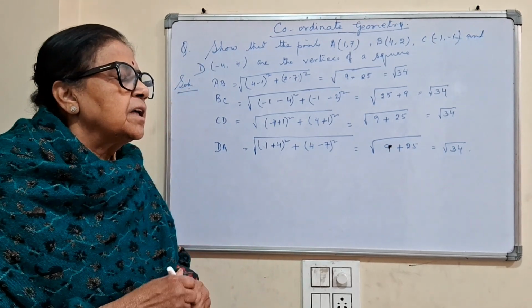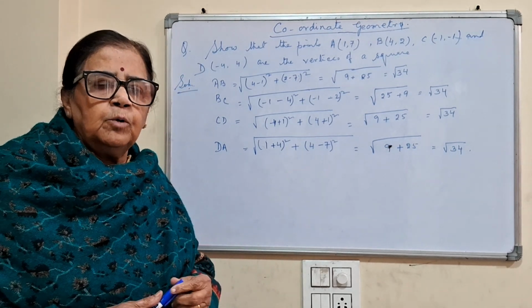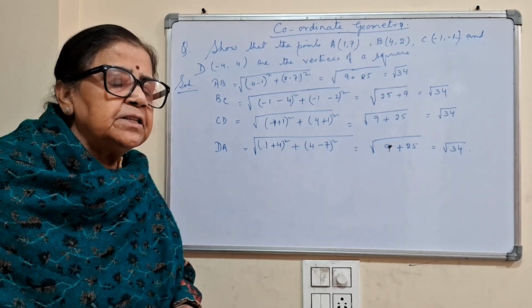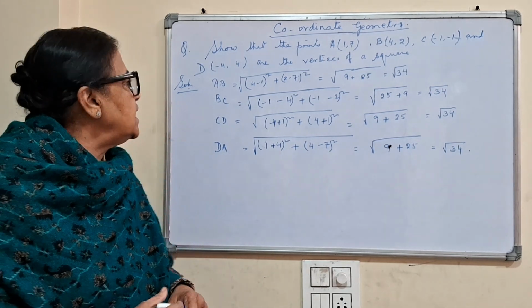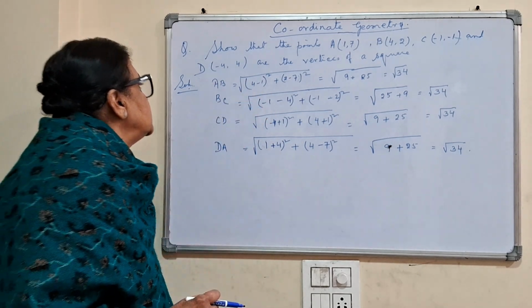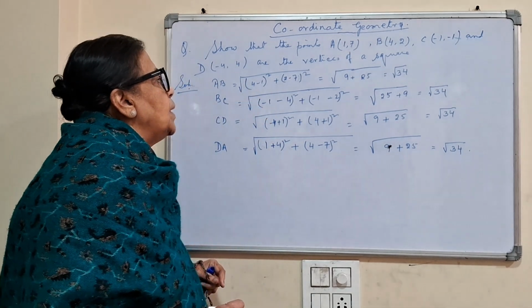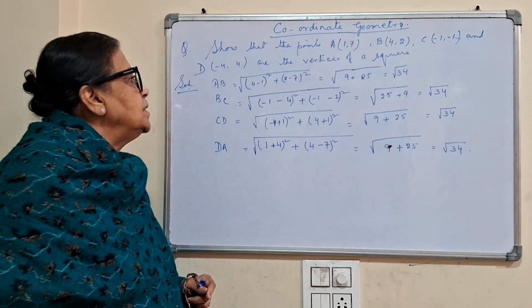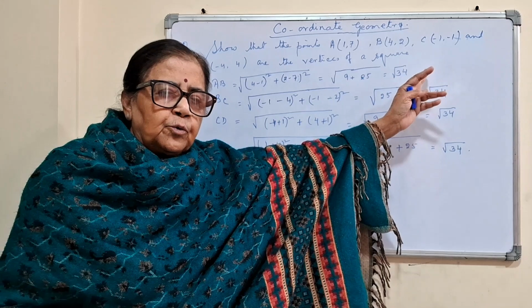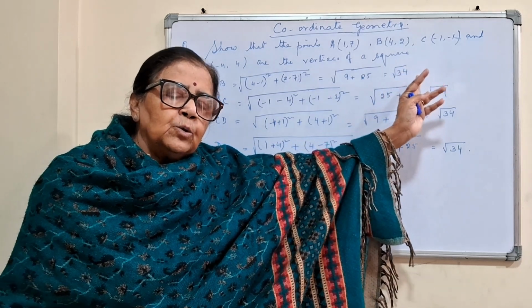First, let us find by the distance formula the lengths of the sides. AB is the square root of 4 minus 1 whole square plus 2 minus 7 whole square, that is the square root of 34.